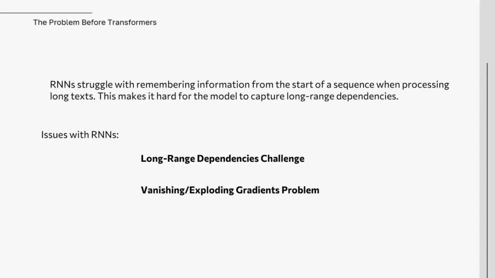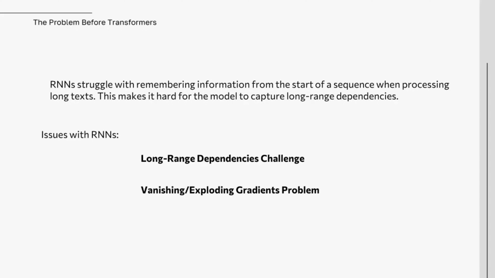Another major issue with RNNs is that they face a fundamental challenge during training. In deep neural networks like RNNs, when training over long sequences, the gradients, basically the values used to update the model, can either shrink to near zero or explode to extremely large values.